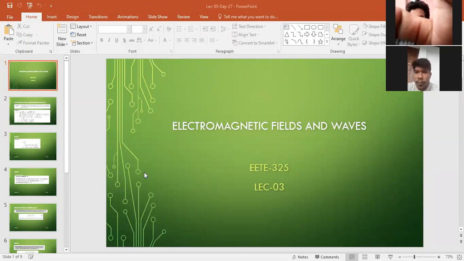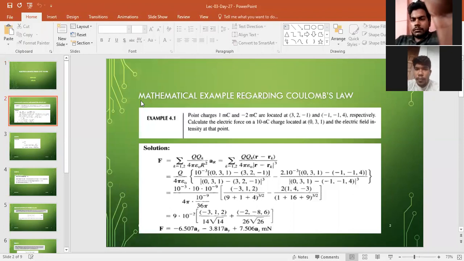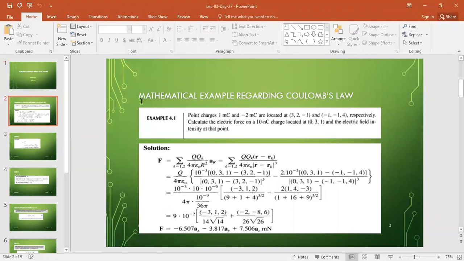Okay, let us see. In this lecture, we have solved two or three examples regarding our Coulomb's law. This is our first example. We have solved it, and after that there was a practice problem. You solved it, then you shared the answers with me. This is the example regarding Coulomb's law.